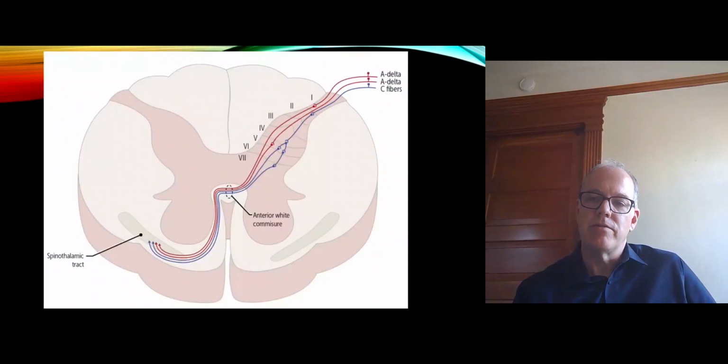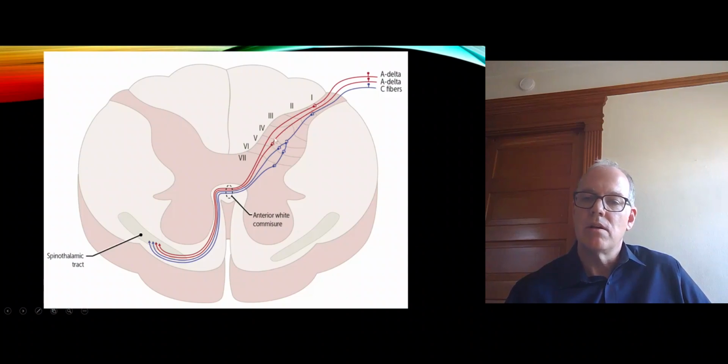This information from the C and the A delta fibers comes in, along with all sensation here, into the dorsal horn. We can see that the A delta synapses in lamina 1 and 5.